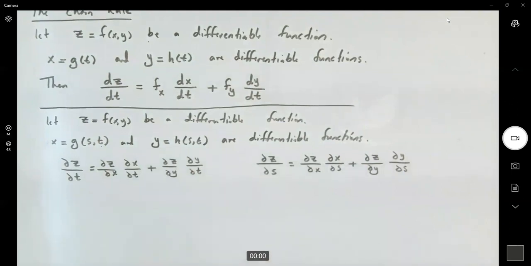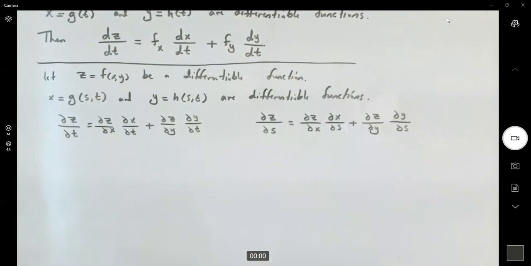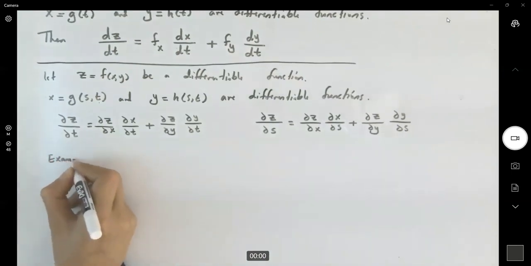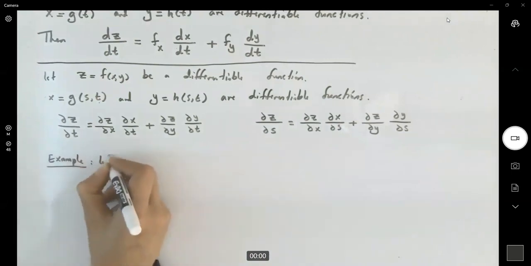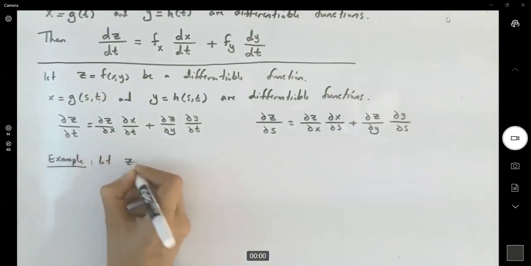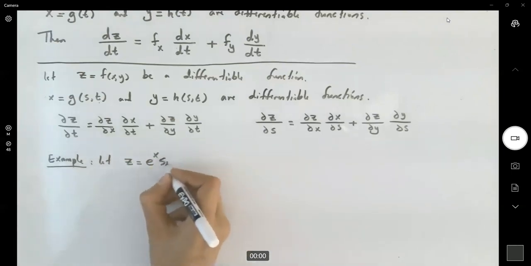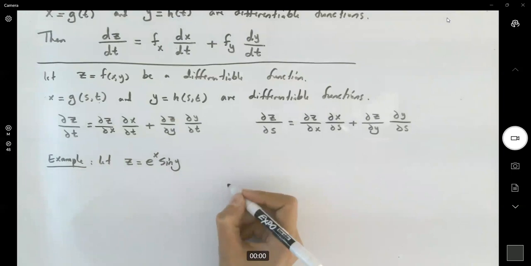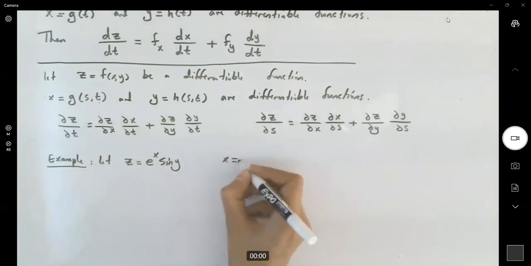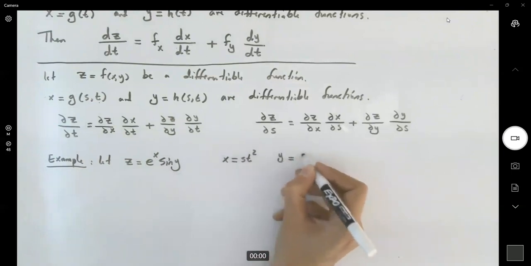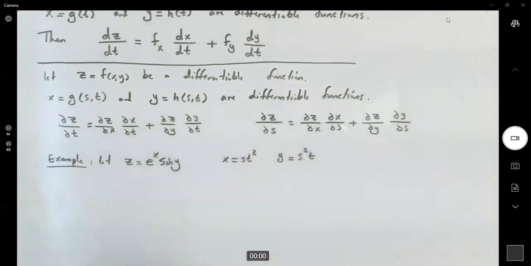Take a look at the following example. Let z be exponential function e to power x times sine y. X is defined as st squared and y is defined as s squared times t.